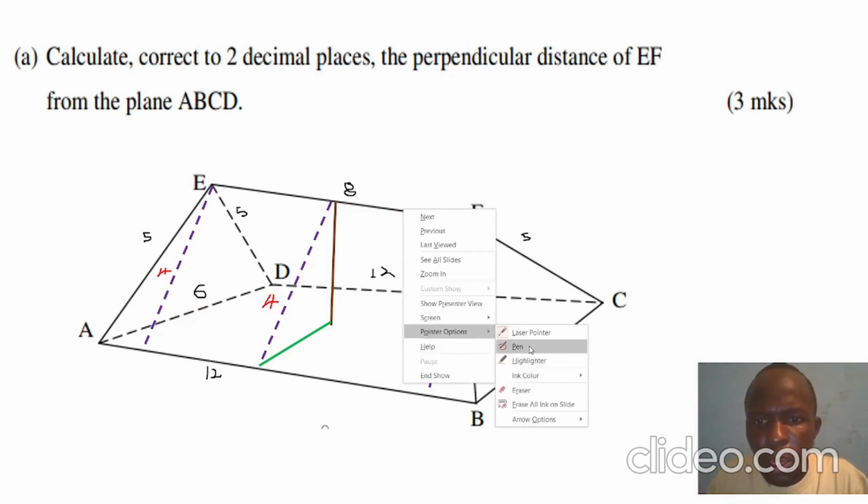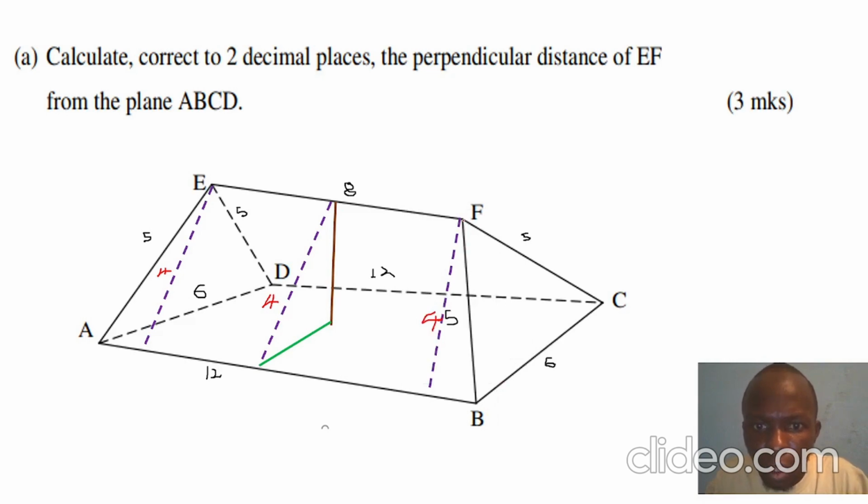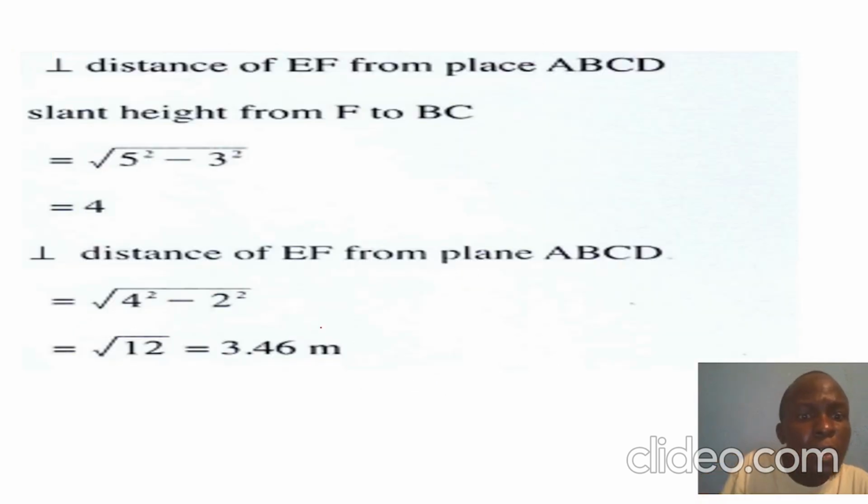Let us look at that once again. So this distance here is 2, because this is 2.